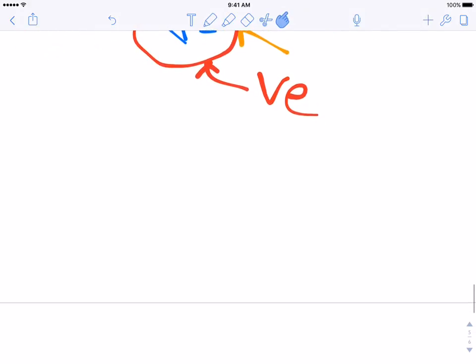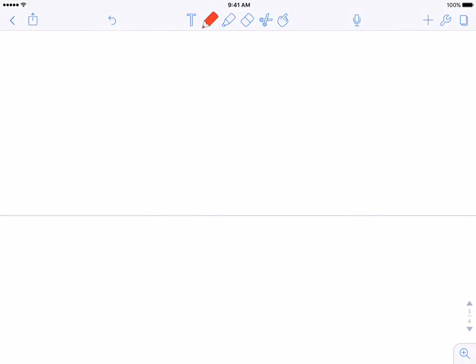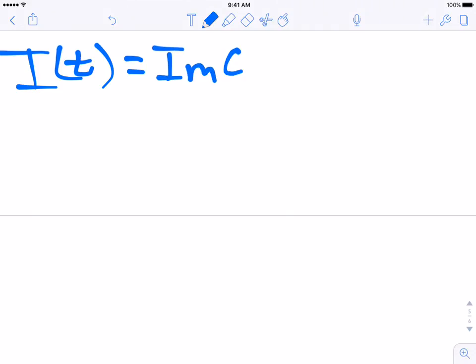So now let's move on to the current, right? So you got your I of t. This is a time varying signal, and that's going to be Im cosine omega t plus phi.